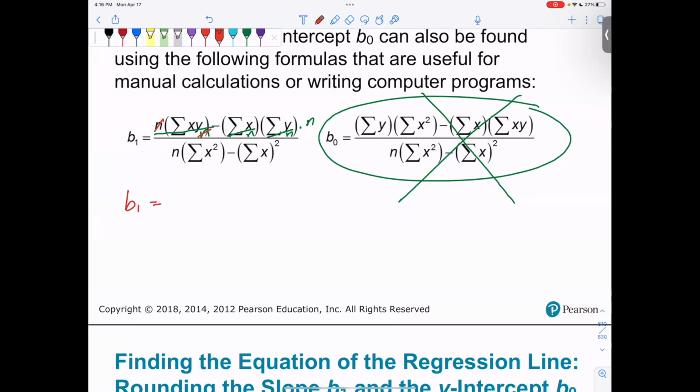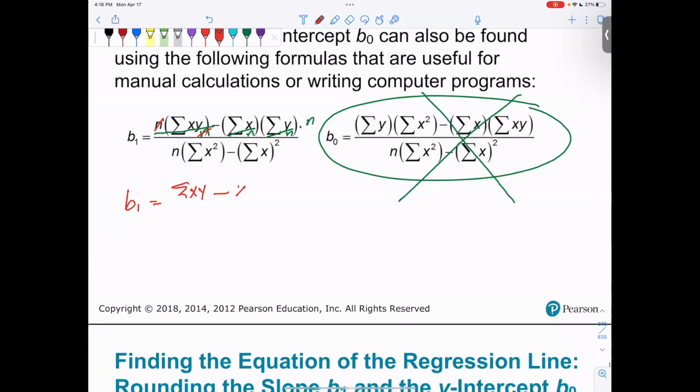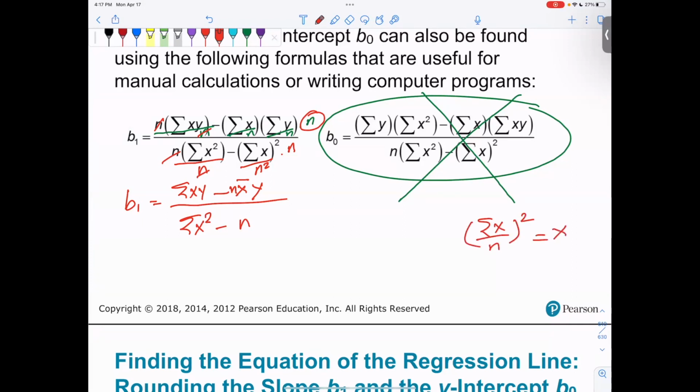So beta 1 will be summation xy minus summation x divided by n, x bar, summation y divided by n, y bar, but we have n here, so we multiply by n. And here is the same. So divided by n and divided by n here, and then we multiply by another n here. This one will be square. So this will cancel this, will be summation x square minus n, and summation x divided by n square is exactly as x bar square. So it will be n x bar square. So you can use this one, which is much easier.